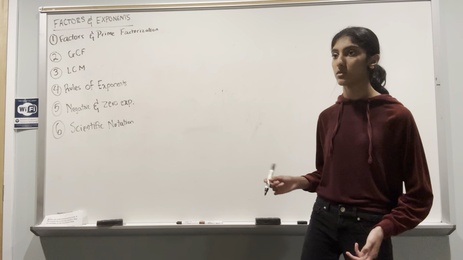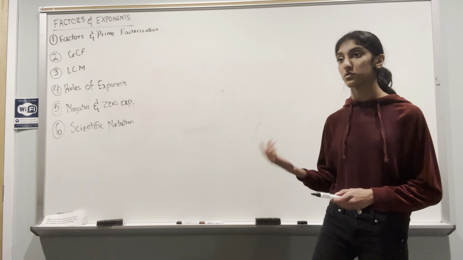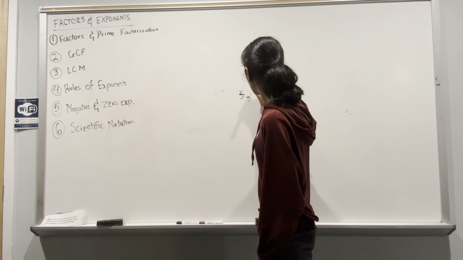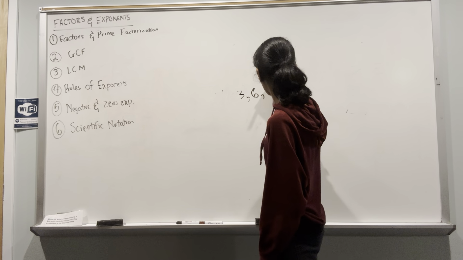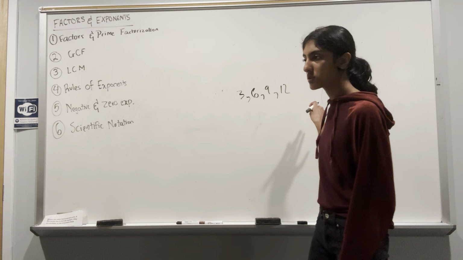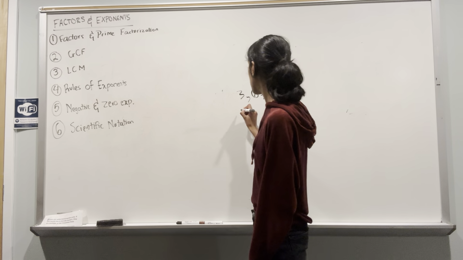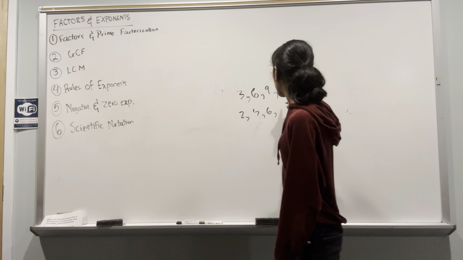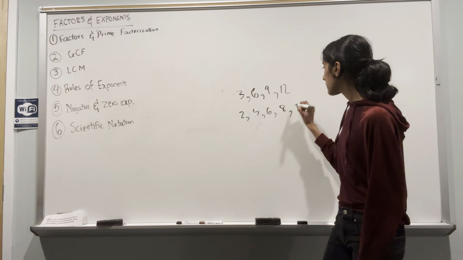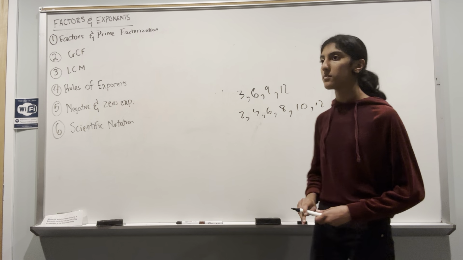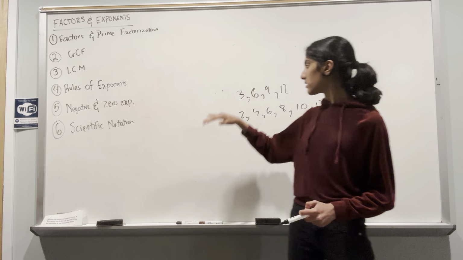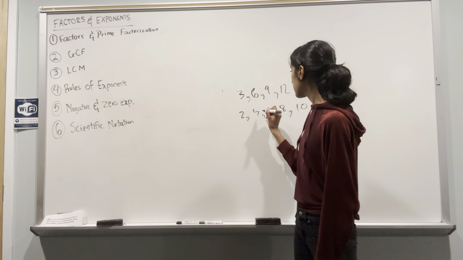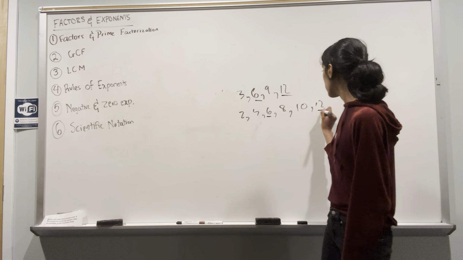So for example, if I'm listing the multiples of 3 and 2, it would look like this for 3, and then for 2, it would look something like this. My common multiples between 3 and 2 are 6, and we also have 12.